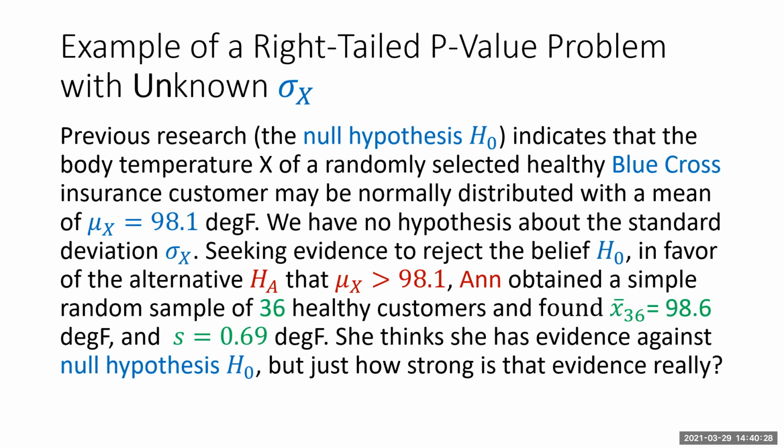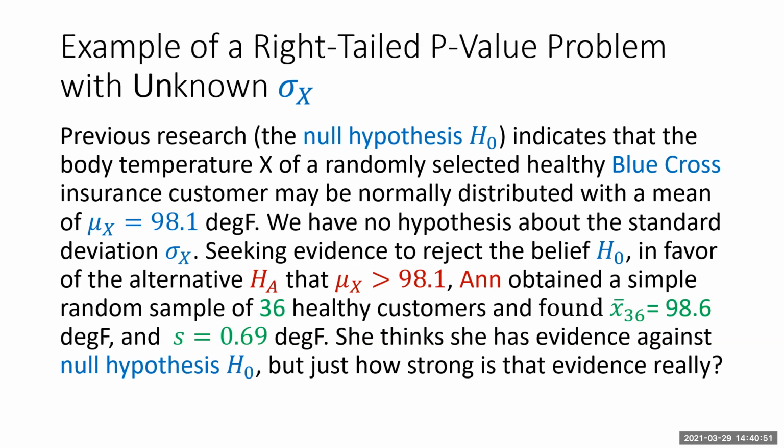Well, our fictitious character Anne sees that 98.1 and she says she thinks that's a little low. She offers the alternative hypothesis that the population mean is greater than 98.1. And she goes out and she collects some data to try to support her position.